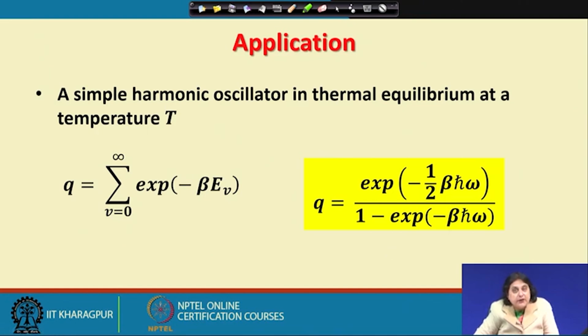So, now you see that for this system, since I can evaluate the partition function, it is very easy to work out the thermodynamics from here.